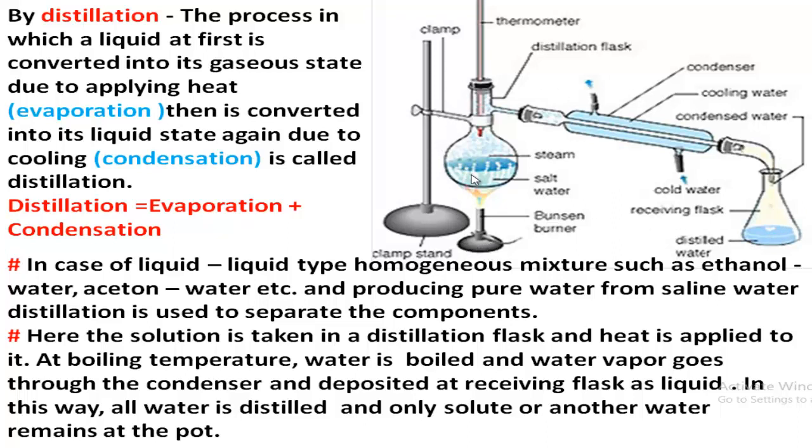At first we will take the solution in this distillation flask, and then when we apply heat, at boiling temperature water starts to boil and is converted into water vapor. This water vapor passes through this condenser, and due to the presence of cold water, this vapor is converted again into liquid water and deposited in this conical flask.